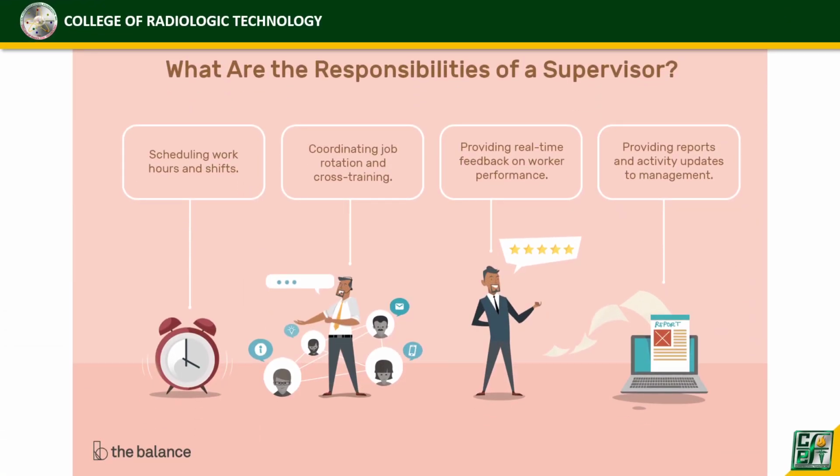So, what are the responsibilities of a supervisor? These are just four responsibilities in this illustration. It shows scheduling, then coordinating, then providing feedback on the performance, which is assessment and evaluation, then providing reports and activity updates to the higher management.